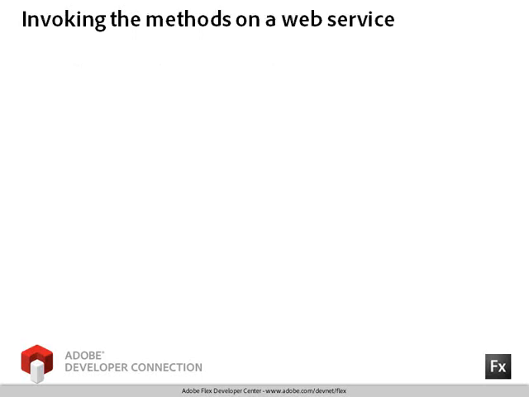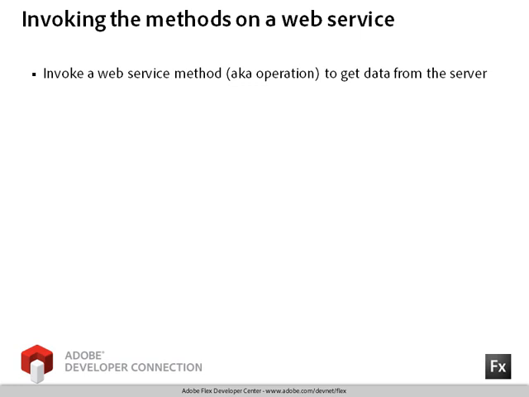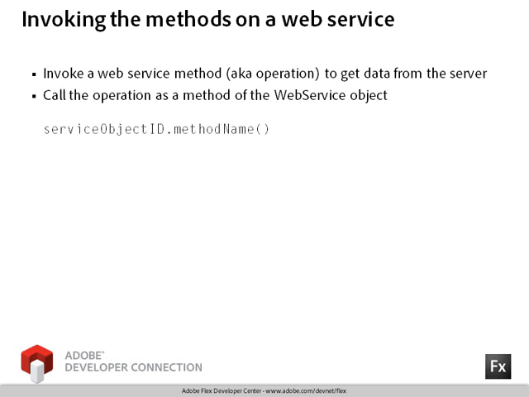For a web service object, you must invoke the web service method, also called an operation, in a separate statement. You call the operation as a method of the web service object using dot notation. You reference the service object's ID property, the dot, and then the method name. Obviously, you will need to know the server-side method names, which you can find in the WSDL.